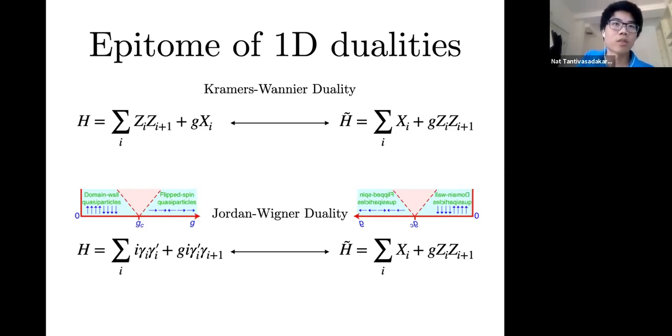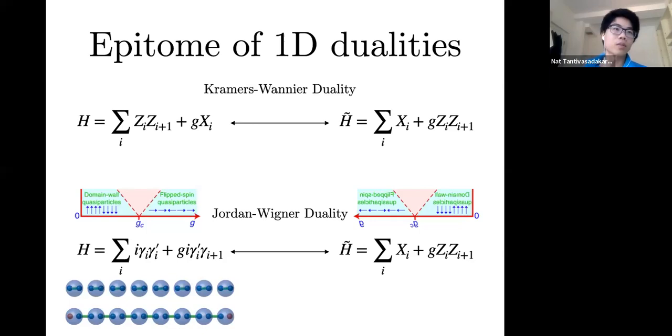Also, the Jordan-Wigner duality tells you that a spinless fermion system is dual to an Ising model. The Hamiltonian I've written here is Kitaev's model for the p-wave superconductor. You can have trivial fermions, or this Majorana chain where the endpoints have Majorana zero modes.